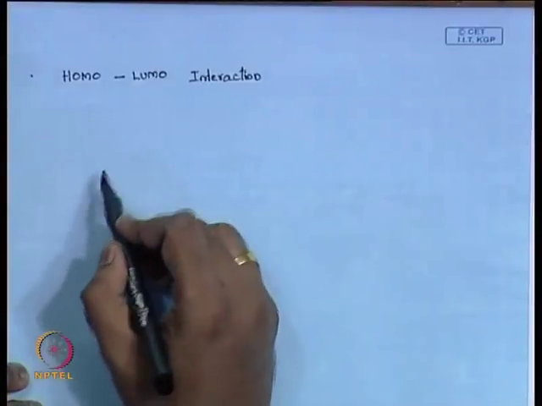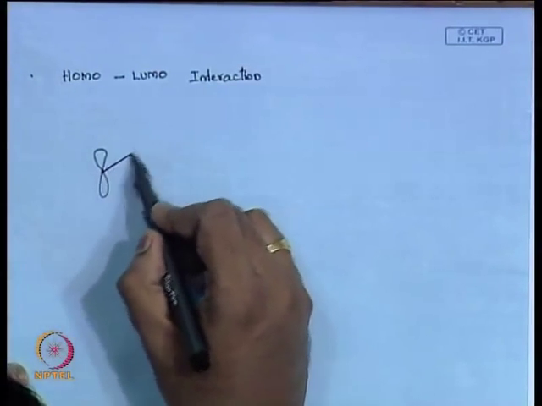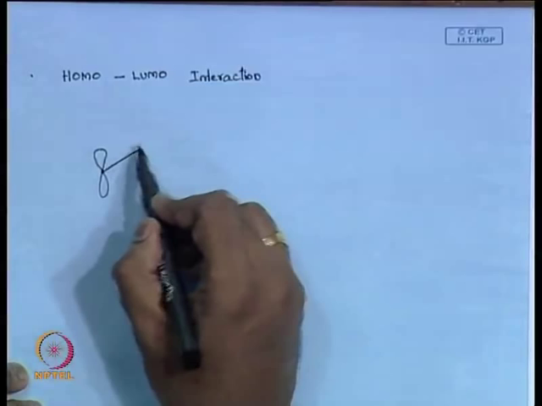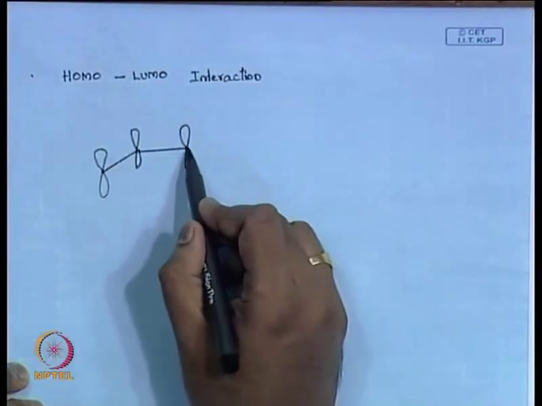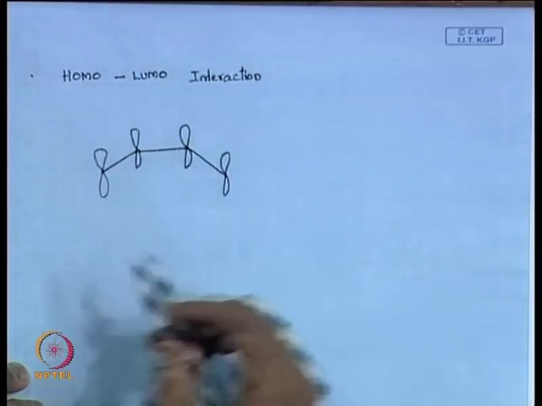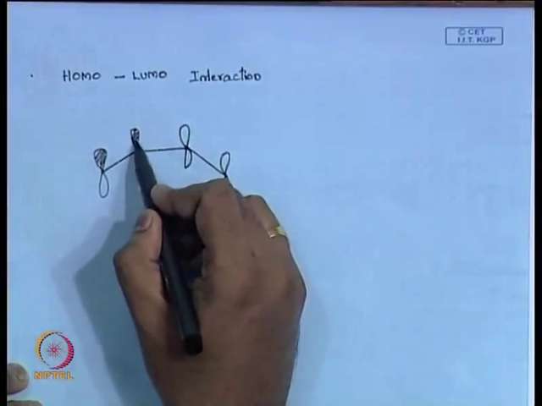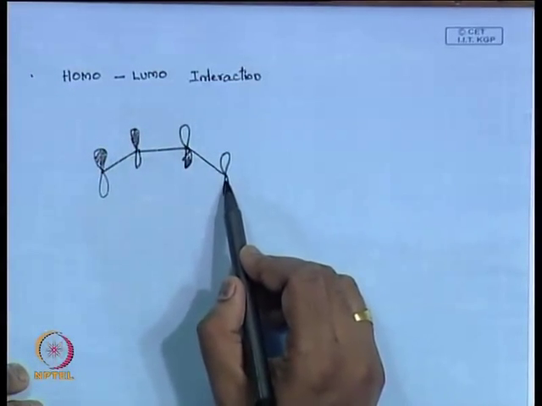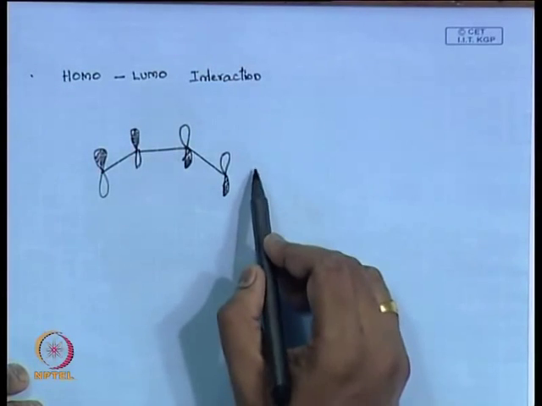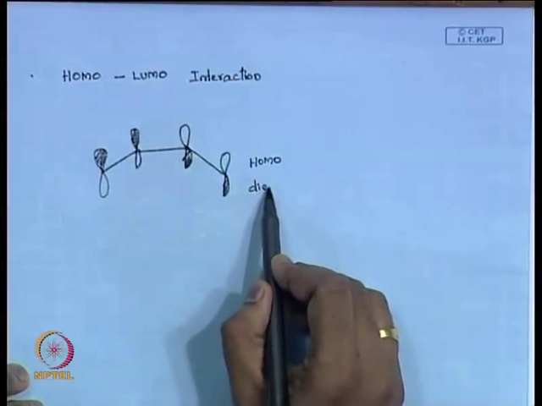For that, how do you do it? You take the HOMO of your diene, so this is the HOMO of your diene.